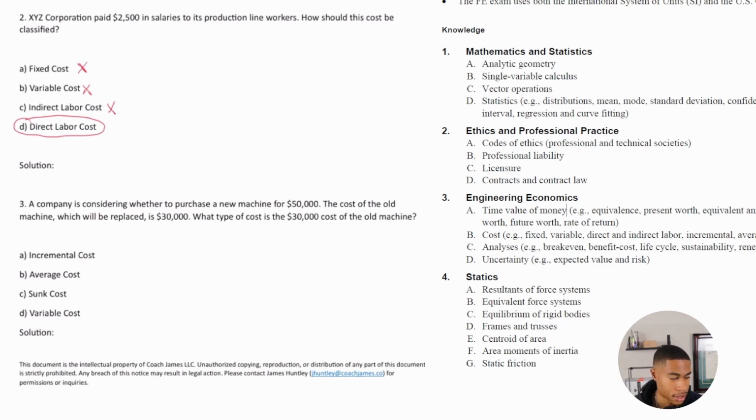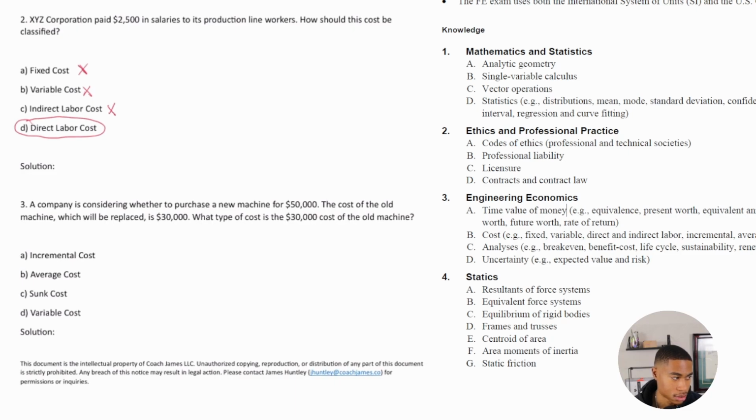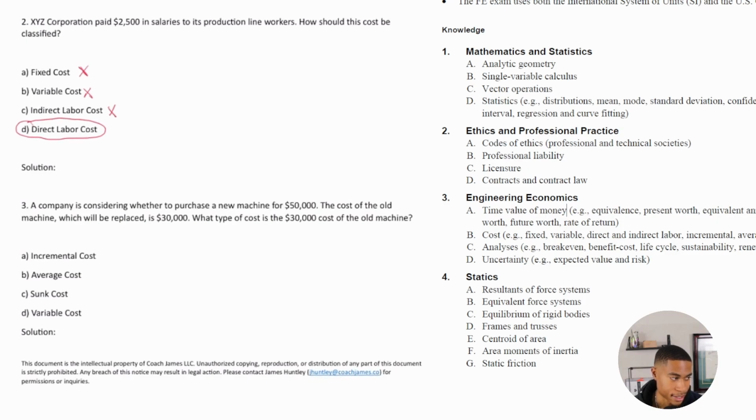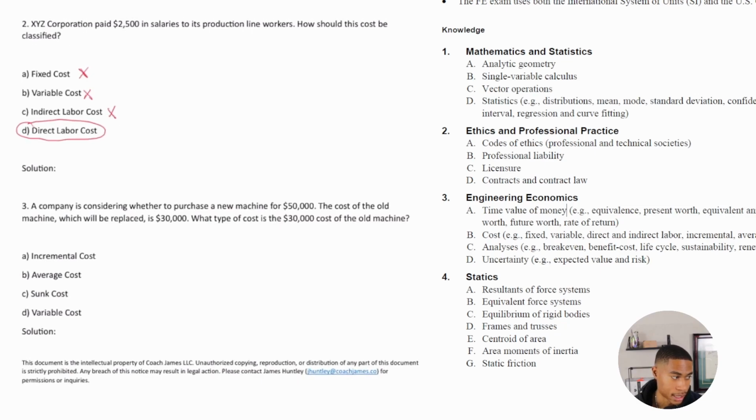So average cost is what it sounds like. It's the average of the cost. So I know that's wrong, because if I add up 30,000 and 50,000, the average cost wouldn't be 30,000. So I know that's wrong.